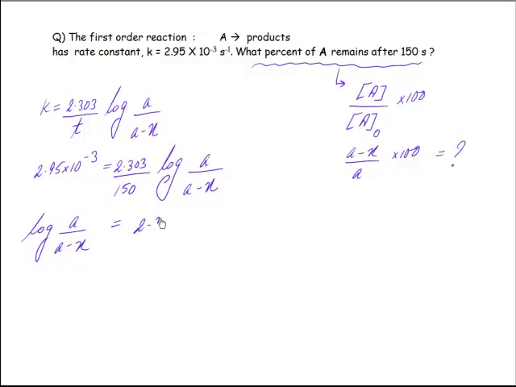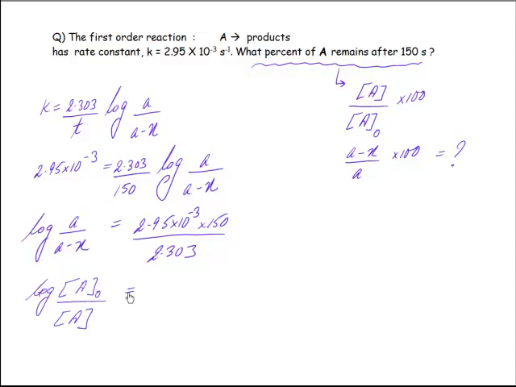In that case we'll get 2.95 into 10 to the power minus 3 into 150 divided by 2.303. This is effectively log of A0 upon A, and it turns out to be 0.192.